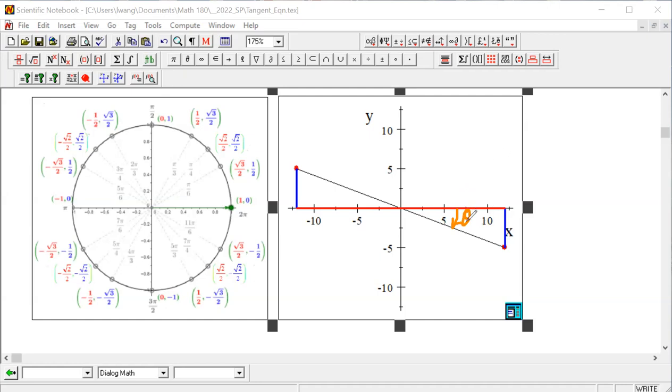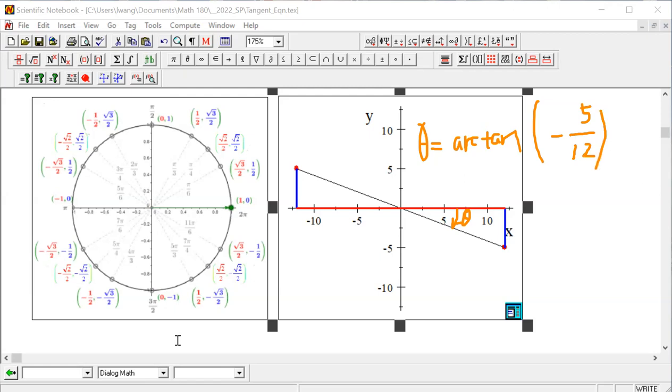And there we go. We got theta, and theta equals arctan of negative 5/12. That's it, right?